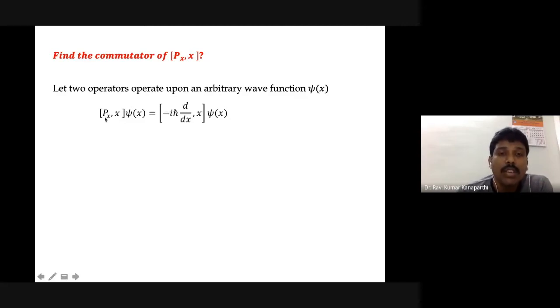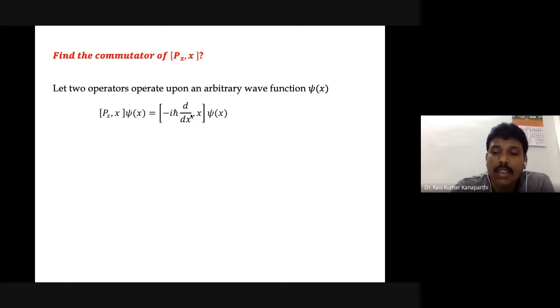Now here, in quantum mechanics, the operator Px is given by i h cross dou upon dou x. Of course, since we are only dealing with x, we don't have any other variable, only one variable, so d upon dx can be used. Therefore, we can write it like minus i h cross d upon dx comma x. So the arbitrary wave function is psi of x.